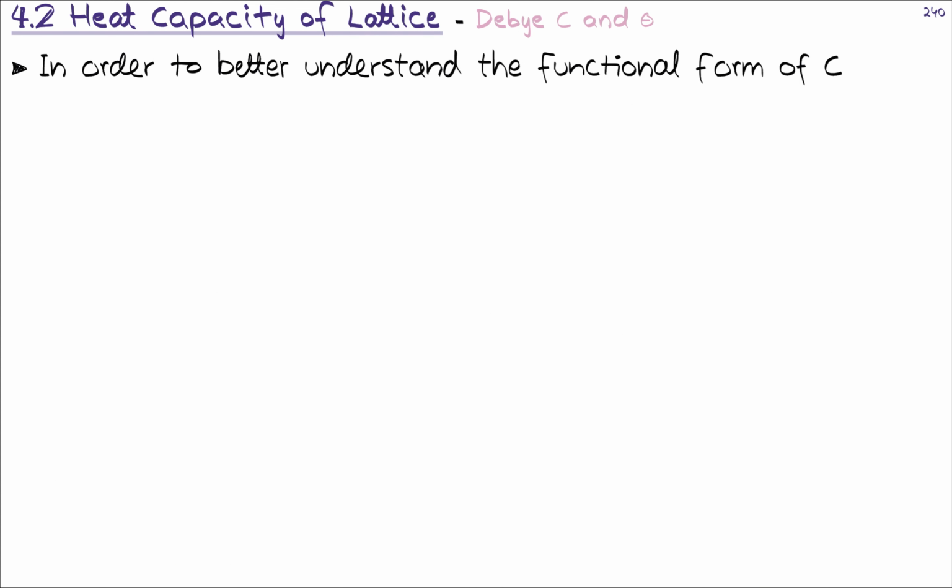So I'm now almost done. I just want to show you the functional form of the heat capacity when we plot it as a function of T over theta, and theta was the Debye temperature.